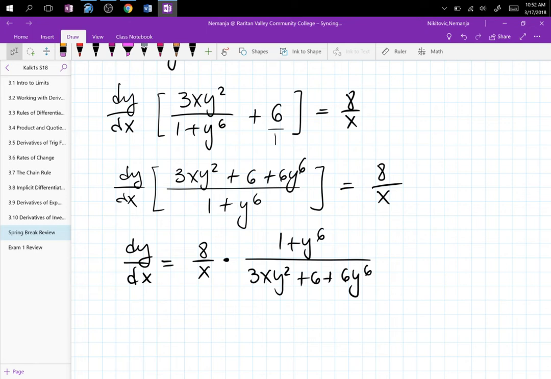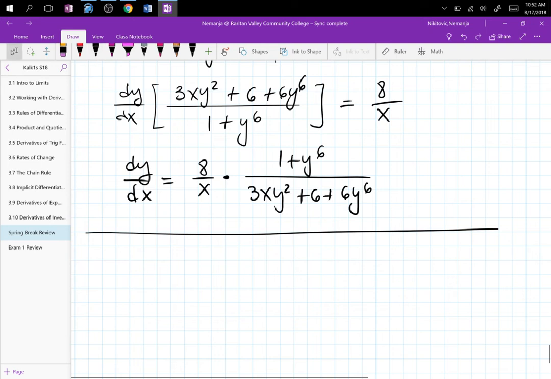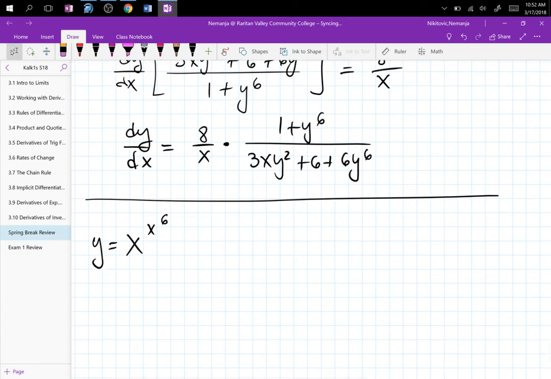Yeah. I have the last one. Complicated calculation. It's x to the power of x to the power of 6. Yep. Okay.